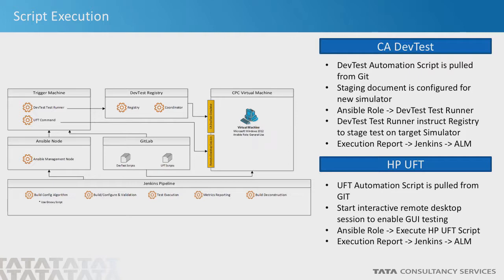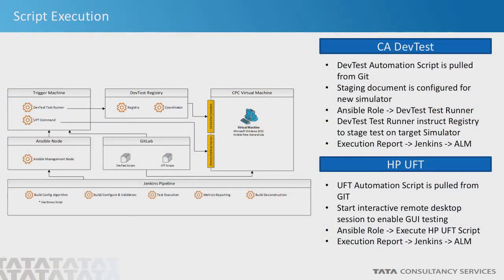And what that does is through the command line, we instruct the DevTest registry, saying I want to execute this test script with this configuration in this staging document. And then DevTest will pick up all the information and go on and do this execution.